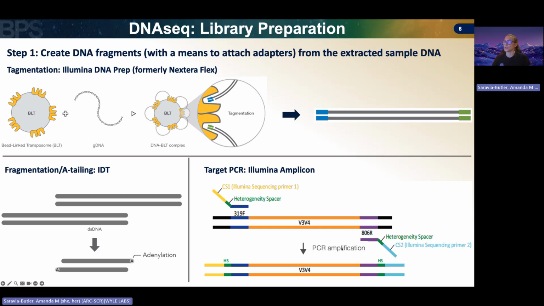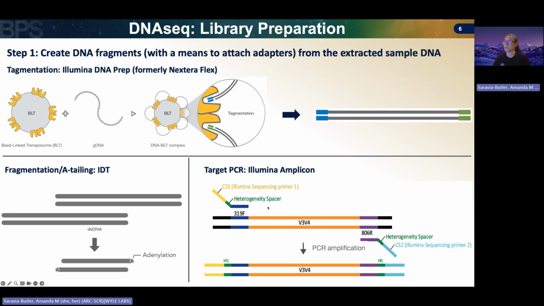And then this is going to undergo PCR amplification using these primers. For those of you who are unfamiliar with PCR amplification, it's essentially making copies of DNA, and you're only going to copy the region that's in between your 2 priming regions, and it will add on anything that you have flanking your primers. So in this case, our sequencing primers along with this spacer region.